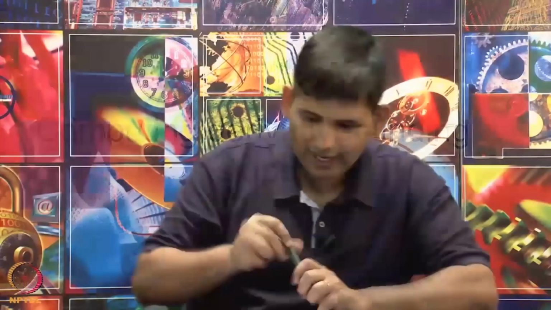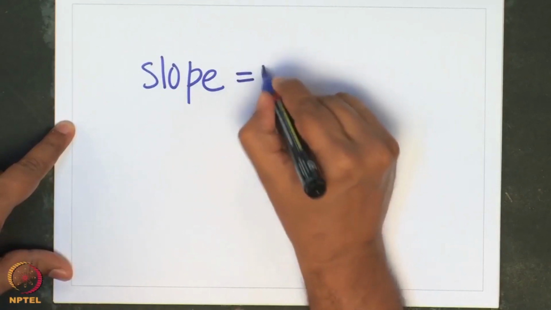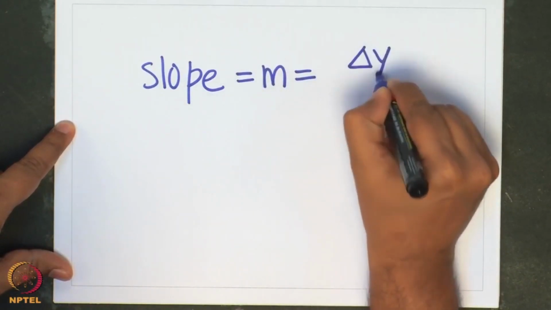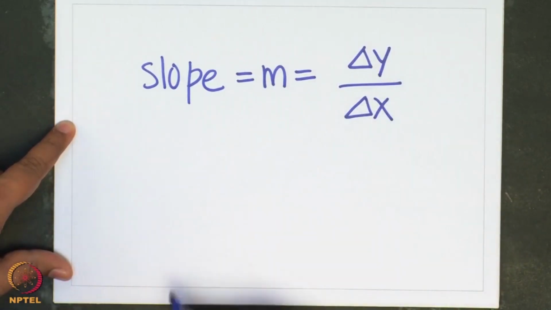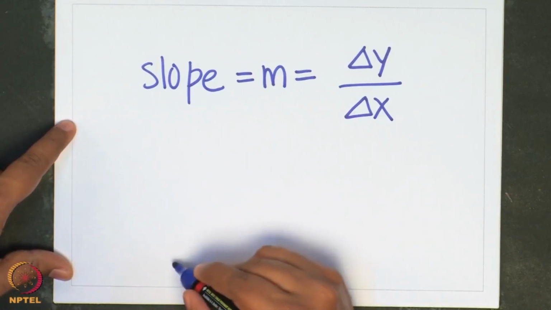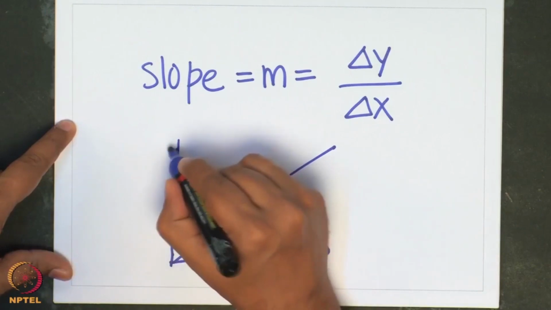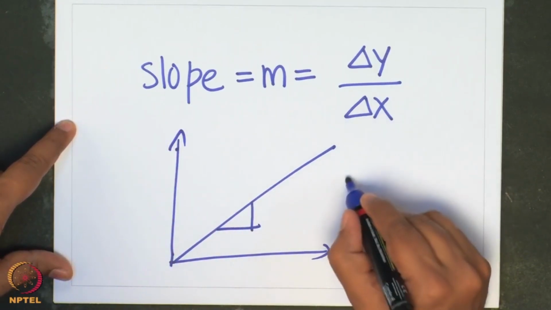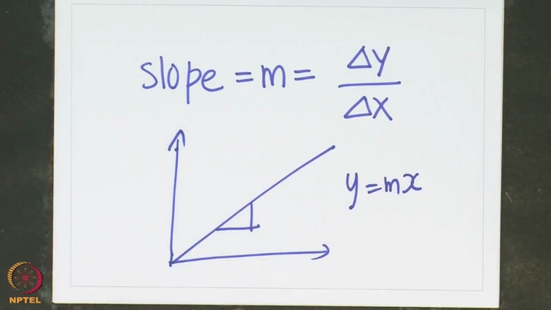We said that slope, which we call m, is the same as delta y by delta x. If you have a straight line y is equal to mx, then the slope gives you the derivative, which is m. This is something that we learned.